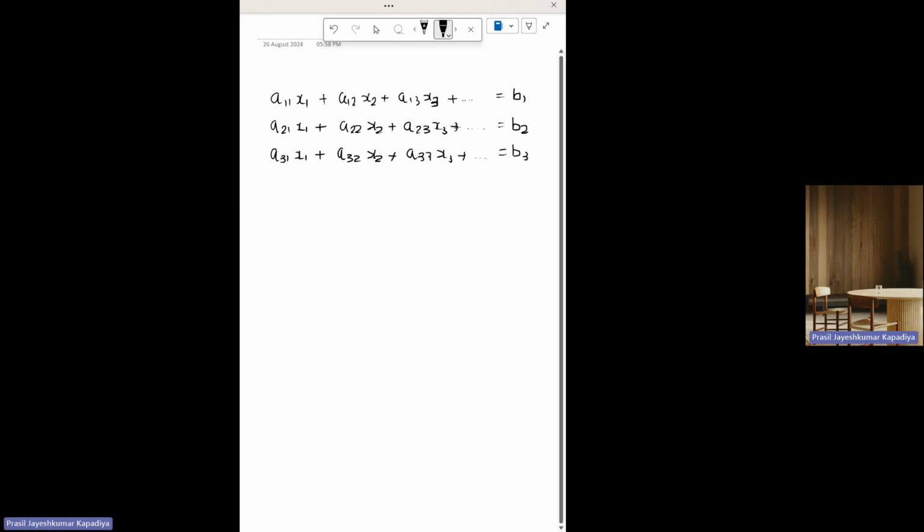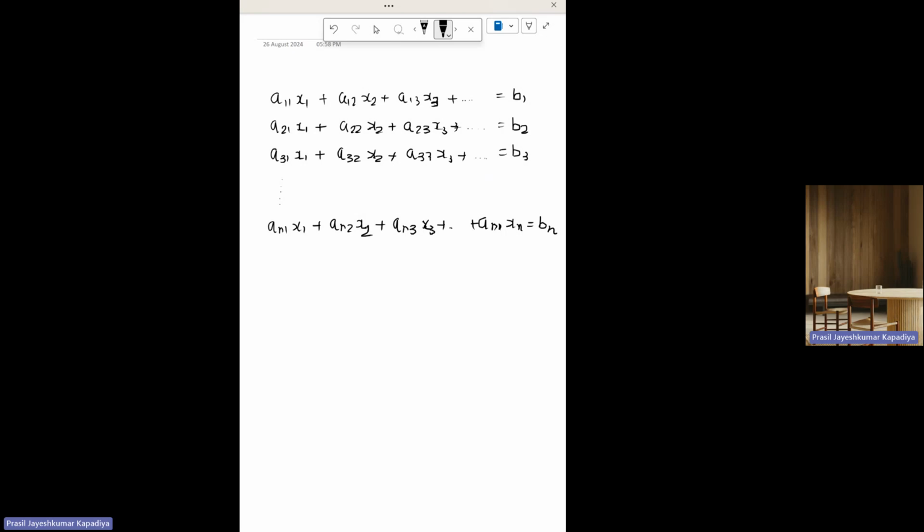Let's say I'm writing my last row, an1 x1 plus an2 x2 plus an3 x3 plus, let's say my last column will be ann xn is equal to bn. Let's say these are my coupled linear equations that I want to solve.